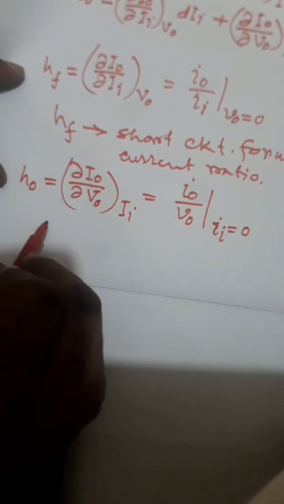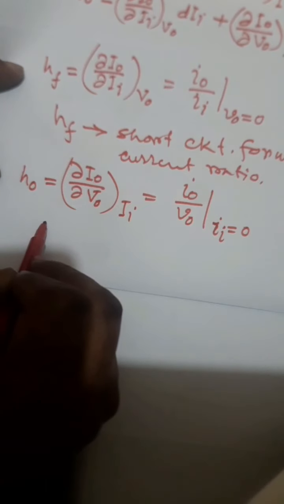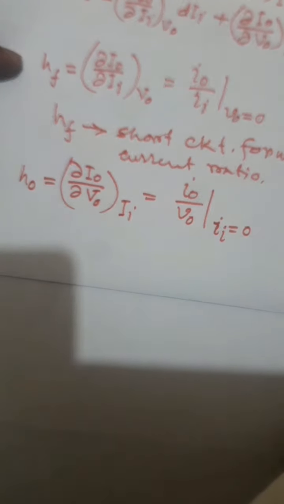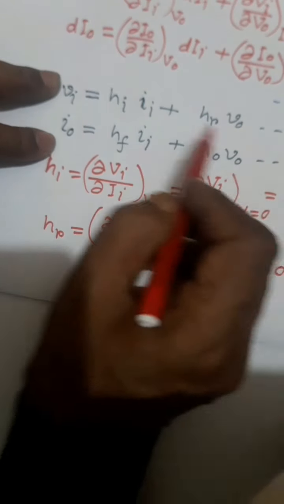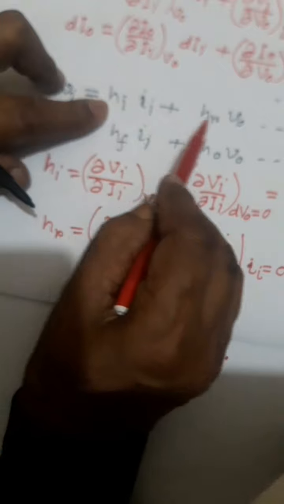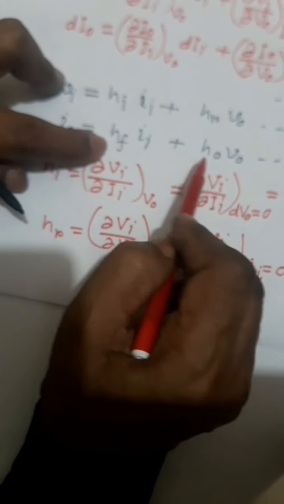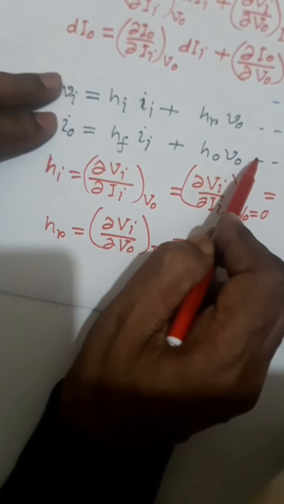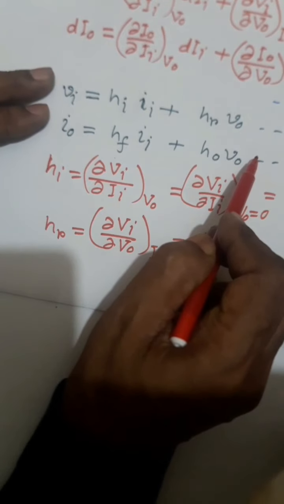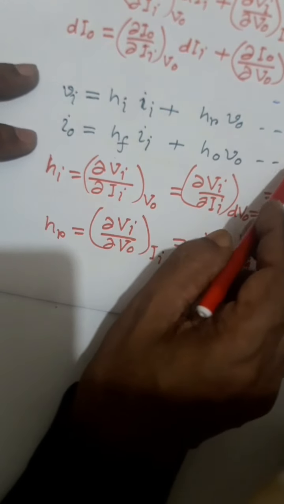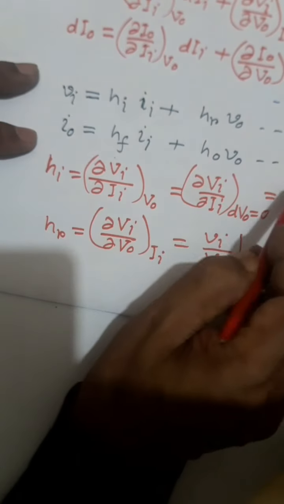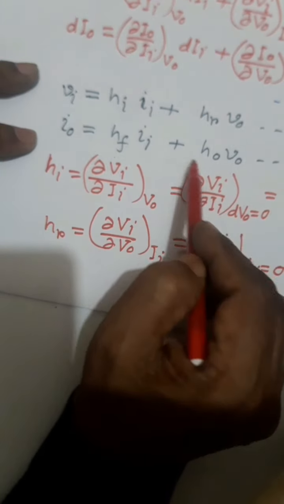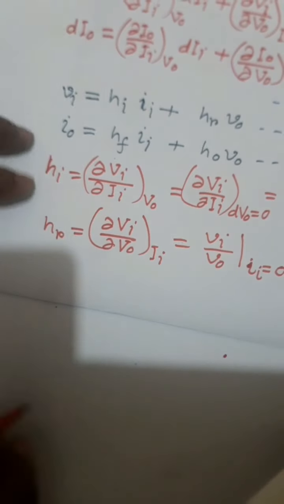Ho is the open circuit output admittance. In equations 3 and 4, Hi, Hr, Hf and Ho are hybrid parameters, and equations 3 and 4 are hybrid parameter equations, and its equivalent circuit you see here.